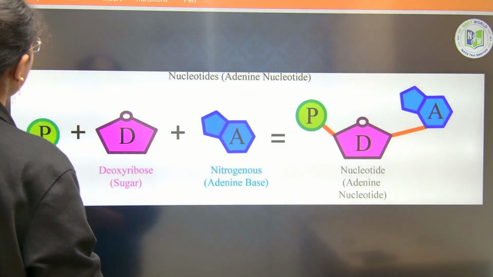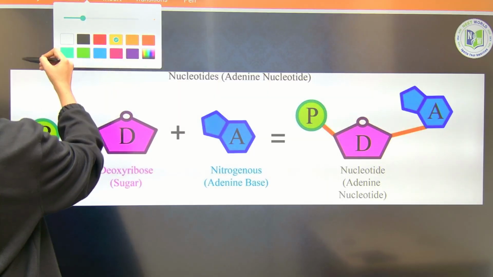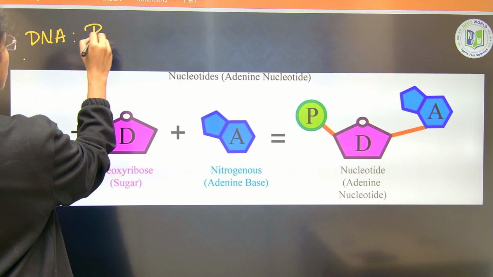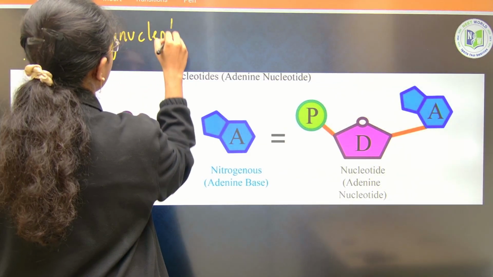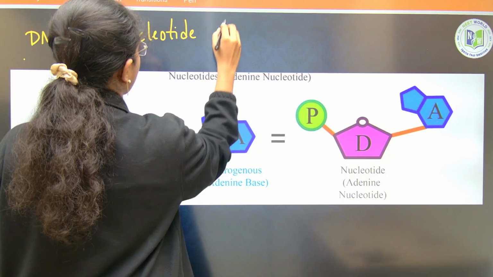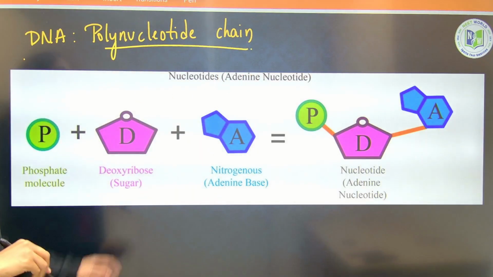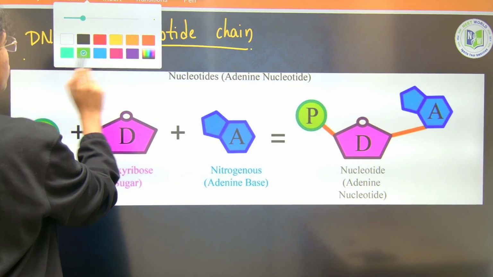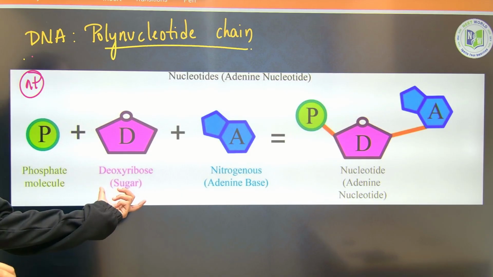Yes or no? DNA is a polynucleotide chain. So in this polynucleotide chain, each nucleotide, if you consider, consists of a sugar molecule.